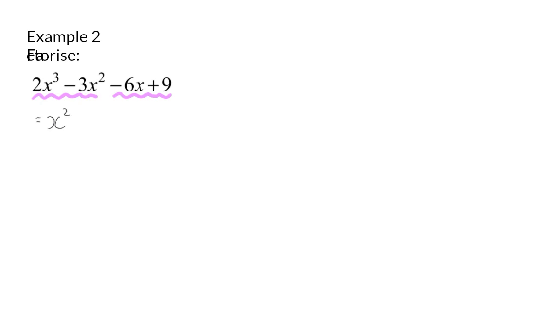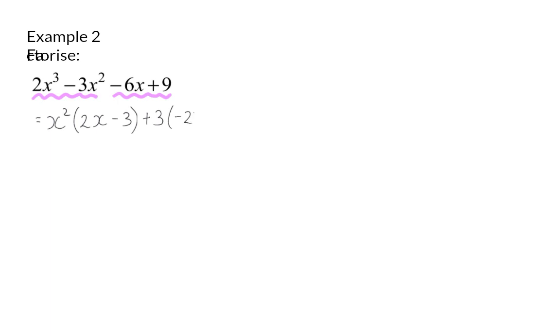Once I've removed x squared, I'll be left with 2x minus 3. In my second group, the common factor is 3. And I'm reminding you that for your second common factor, you should always add a sign, and that means I will have plus 3. And when I remove plus 3, I will be left inside the bracket with minus 2x plus 3.